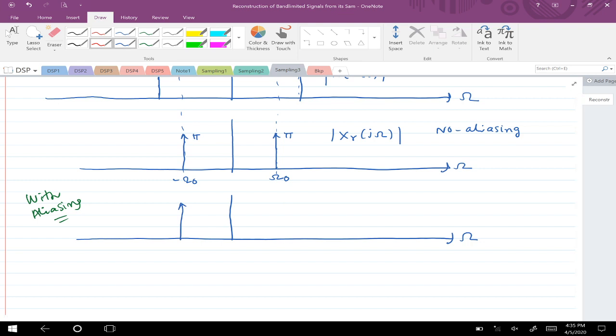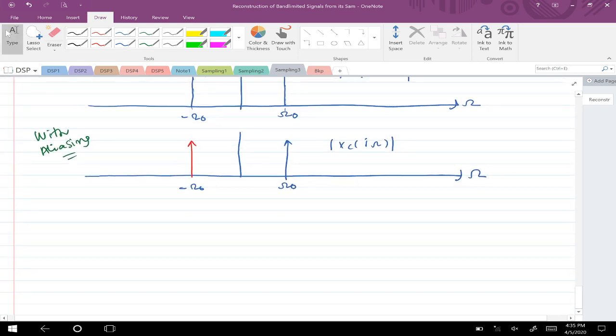Again, let me draw this thing in red, this thing in blue, and this is at omega naught, this is at minus omega naught, and what I have drawn here is the magnitude of Xc of j omega.